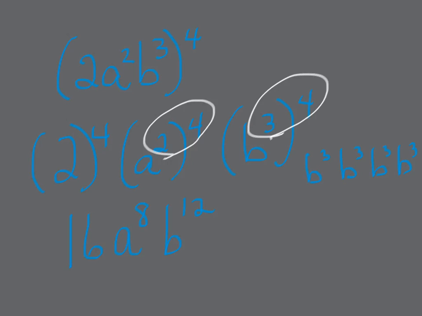Now remember, we said our rule for multiplying would be that we would add those exponents. So if we added up those exponents, we would have gotten b to the 12th. So that's why the shortcut is easier. We just multiply the exponent by the power and still get the same answer of b to the 12th.